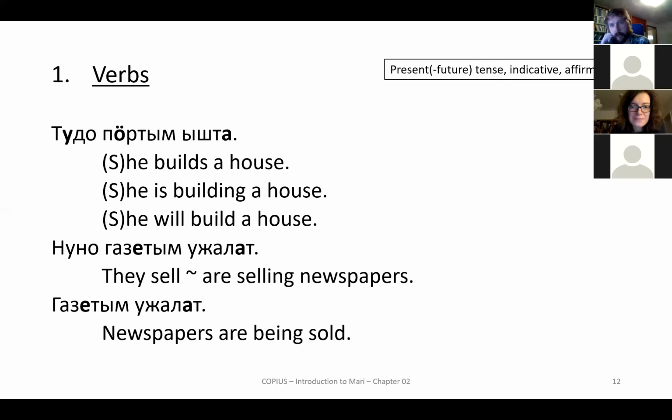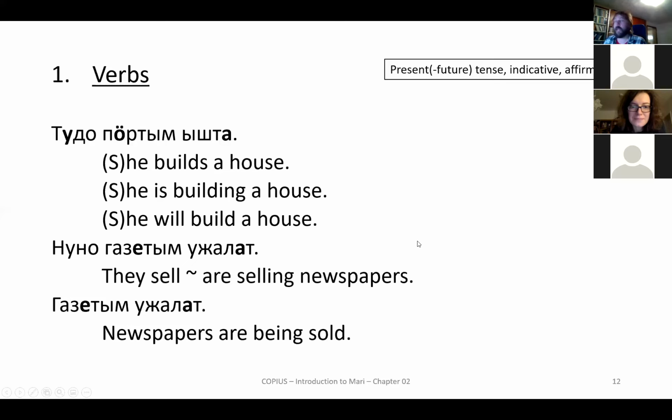This is like in Russian, if you've ever done some Russian, the kak vas zovut construction, what are you called? What is literally asked in Russian is, what do they, in parentheses, call you? The pronoun is not actually used there. And this works in Mari too, then. And it's somewhat similar to the German man construction, man verkauft Zeitung.